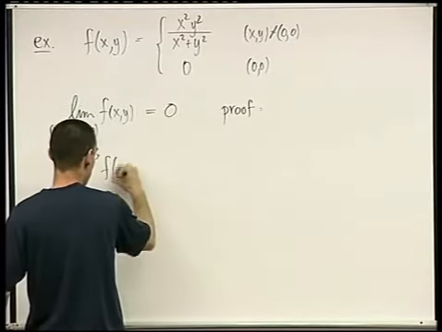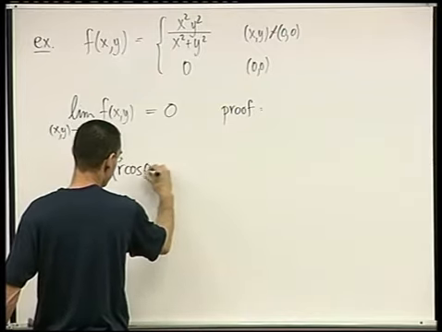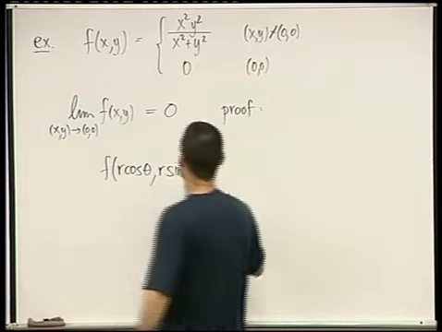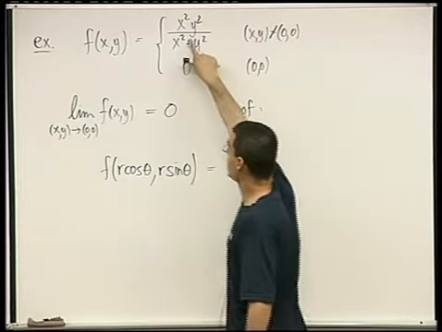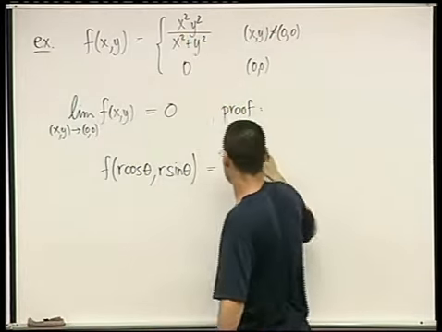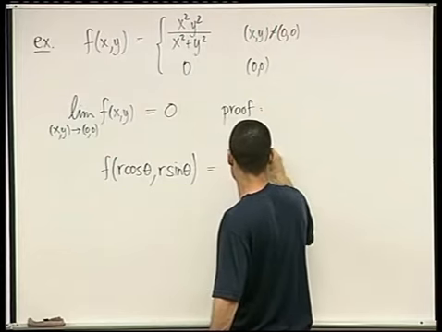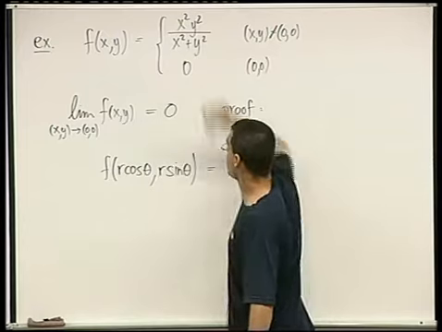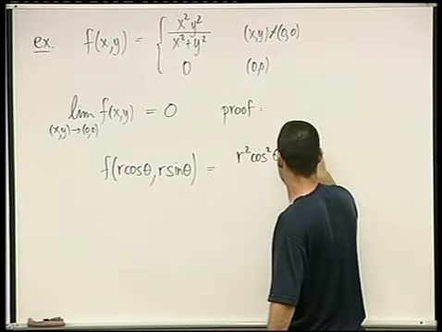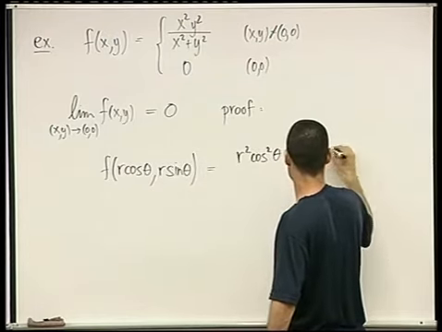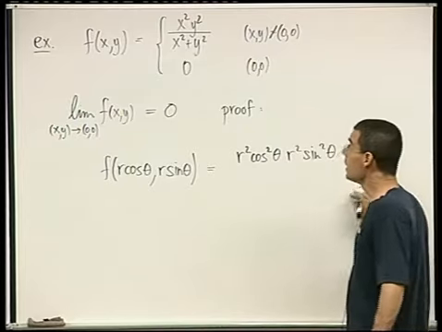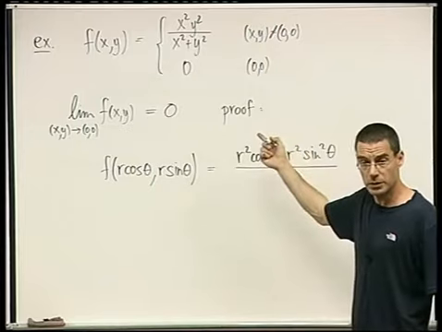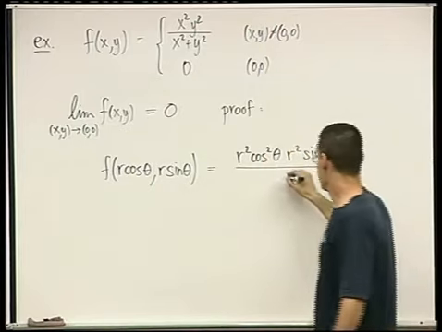Let's look at f of r cosine theta, r sine theta. What do we get? I'm plugging in r cosine theta for x, so I get r squared cosine squared theta, times plugging in r sine theta for y, r squared sine squared theta, right? And dividing by x squared plus y squared, which is r squared.